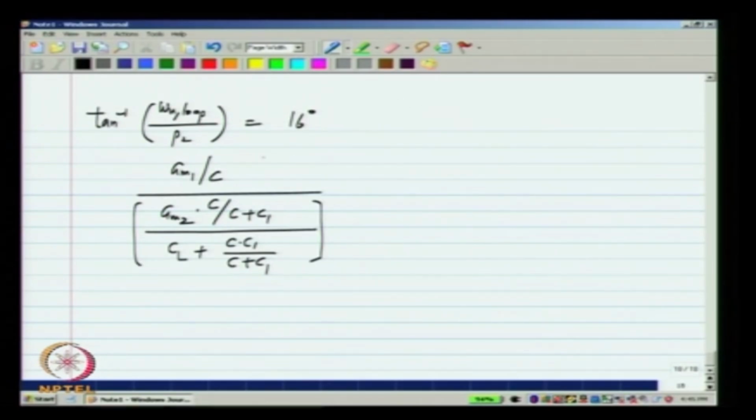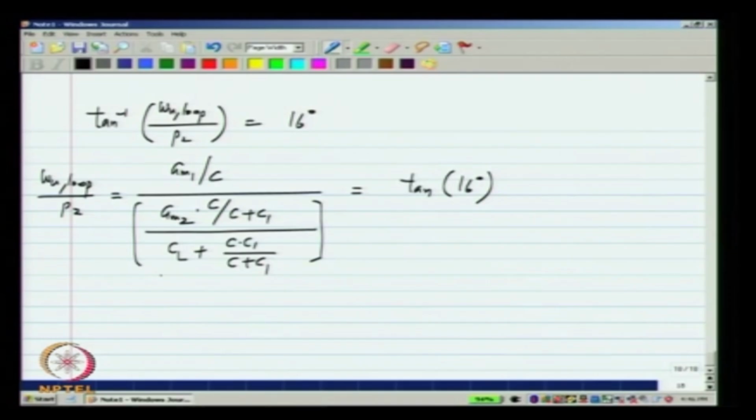And this is the ratio omega u loop by P2, and that is tan 16 degrees. I have here neglected the contribution due to GO2, because that is expected to be much smaller than the contribution due to GM2, right.